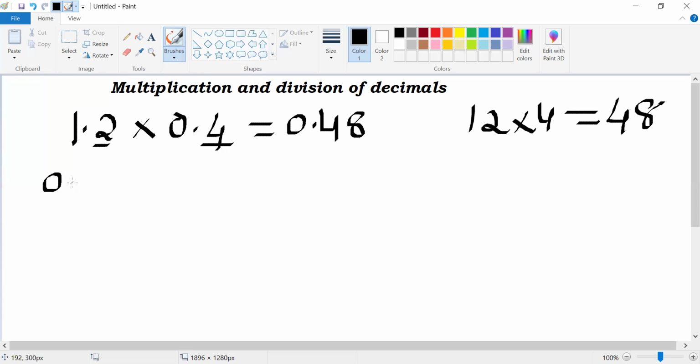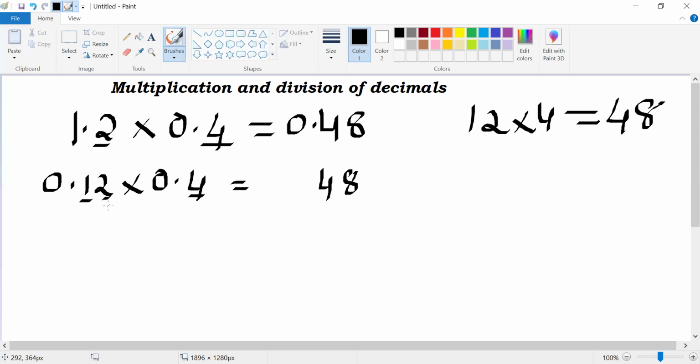Now the same numbers when the decimal places change. Next, 0.12 into 0.4. The product remains the same, 48 only, but decimal places will change. Now here 1 decimal place, here 2 decimal places.